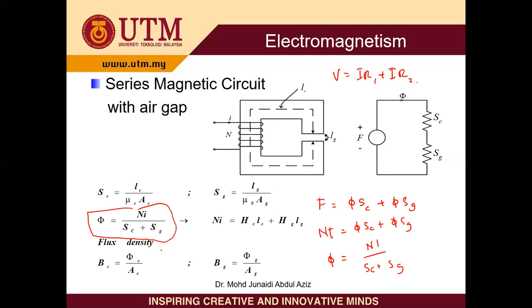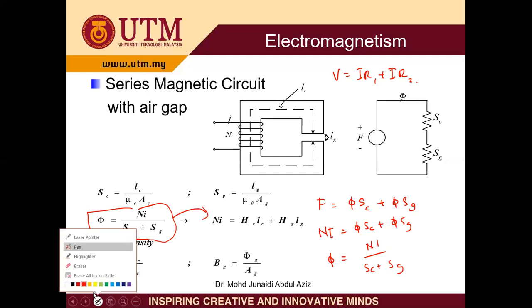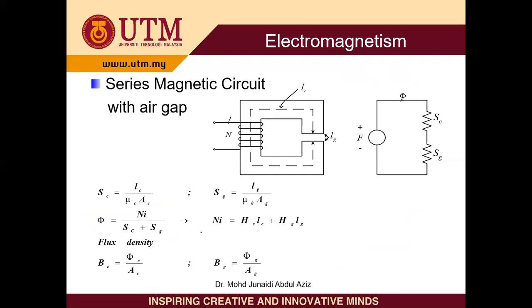We can also write this as a function of field strength. Let's look at the relationship. We know that Ni is equal to the flux multiplied with Sc plus the flux multiplied with Sg.